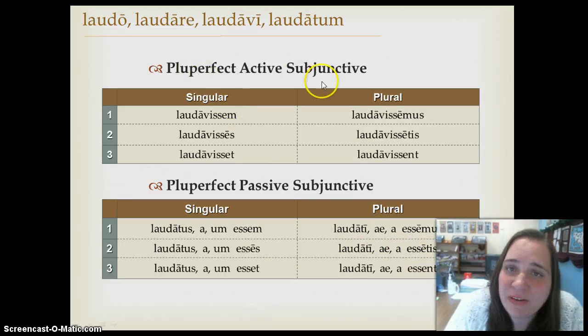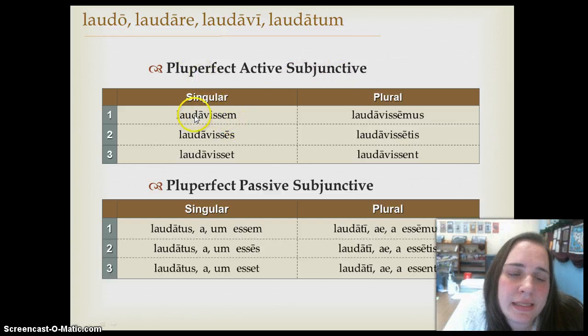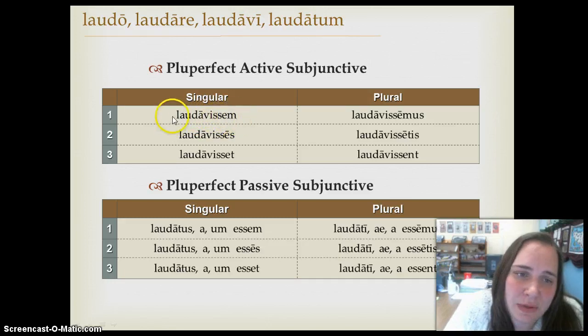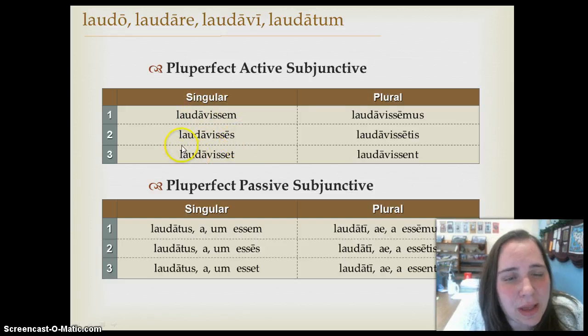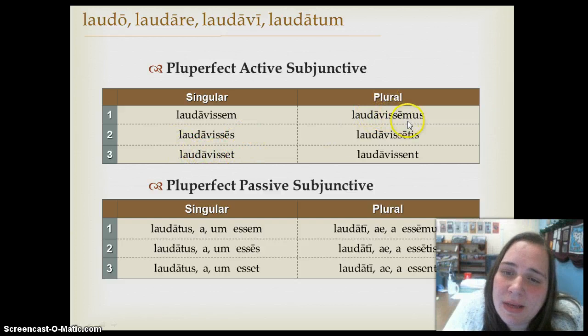And then pluperfect active subjunctive is the perfect active stem, laudav, plus isse, and then your personal ending M. So laudavissem, or again, another way to think about it is laudavisse, which is the perfect active infinitive, plus the personal ending: laudavissem, laudavisses, laudavisset, laudavissemus, laudavissetis, laudavissent.